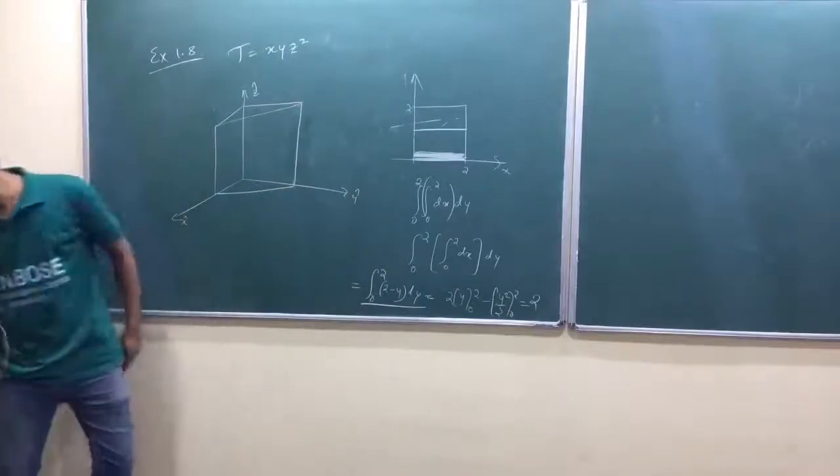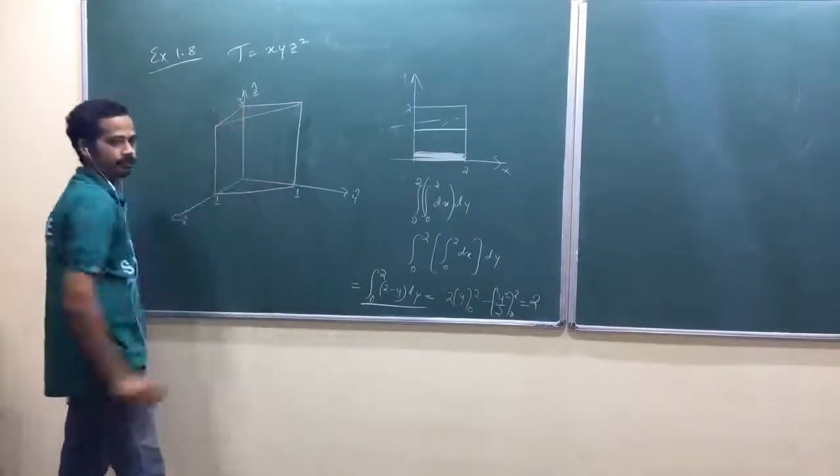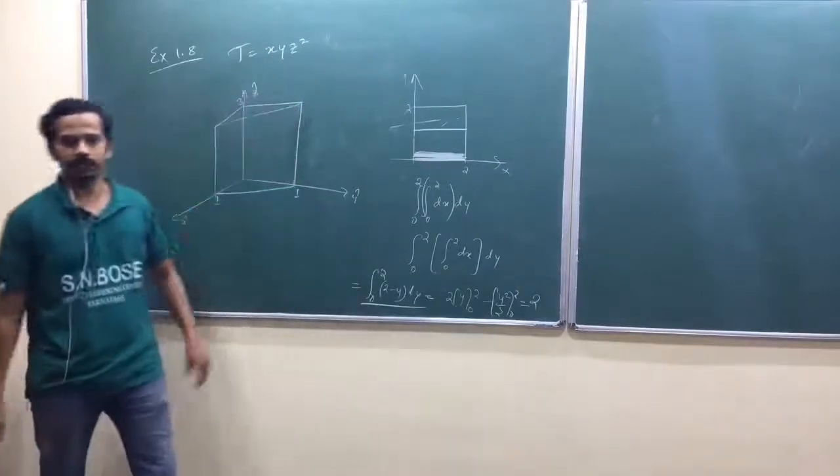So here he has written 1, 1 and 3, okay? 1 here, 3 here. Now you have to integrate this scalar function.